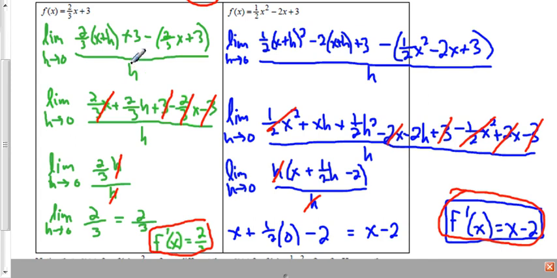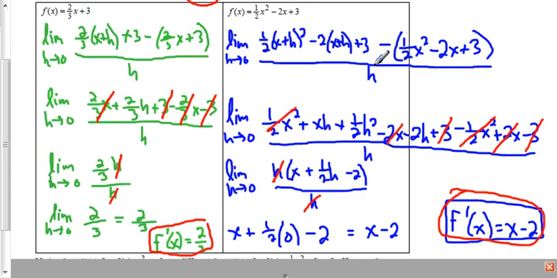Now, if you look down at the bottom, it says, notice that f prime of x for f of x equals 2x plus 3 was different than the f prime of x for f of x equals 1/2 x squared minus 2x plus 3. So how are they different, and why do you suppose this is so?